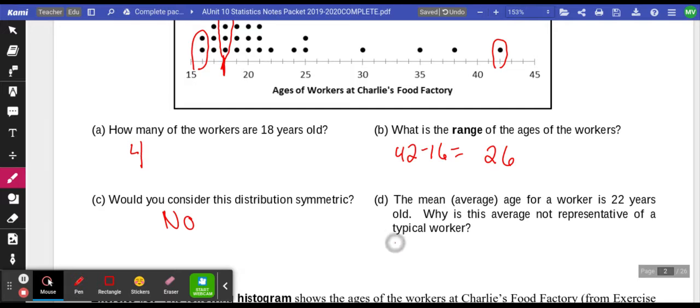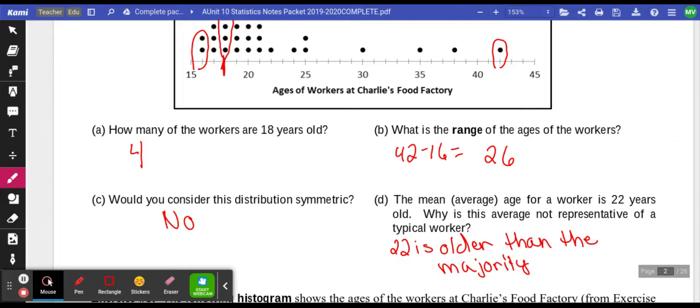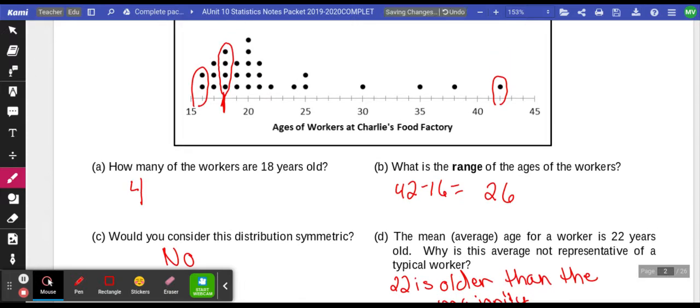And that's because 22 is older than the majority. Most of our workers are down here in this 16 to 21, and 22 is older than that. It's thrown off by these couple of very high data points.